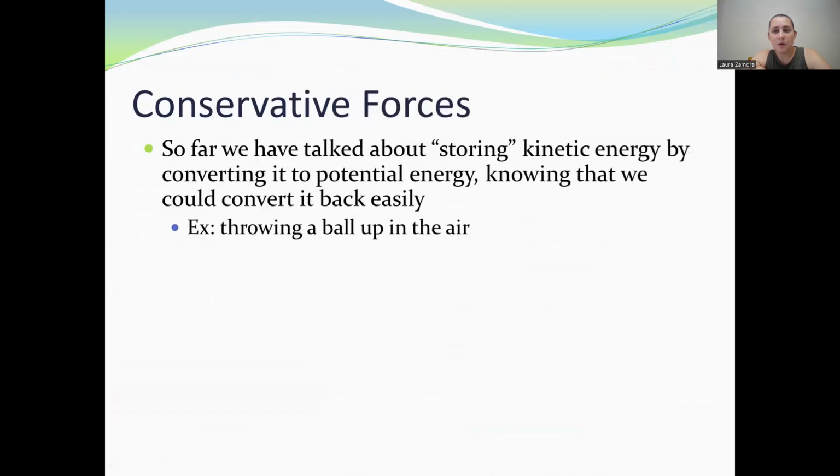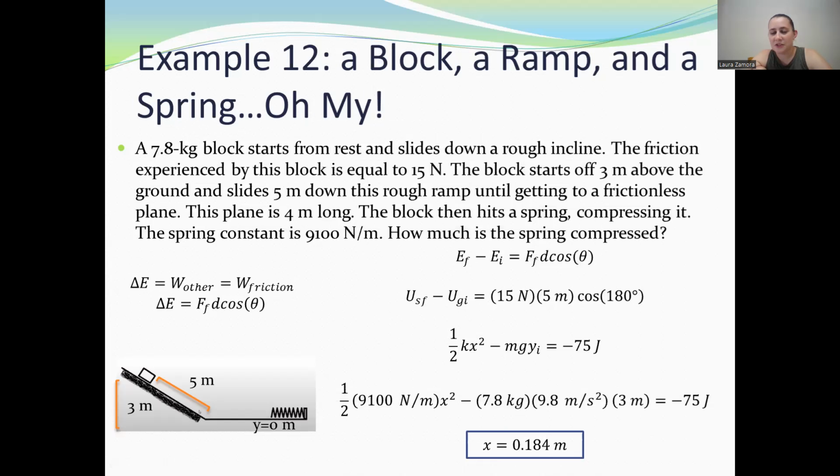We'll pick up here tomorrow by just summing up our conversation about conservative forces. And then I believe we'll have, not tomorrow, Monday, a few more final problems to sort of wrap up our thoughts. I have some chapter 6 and 7 review questions, which would be the type of questions that you would see on a test.